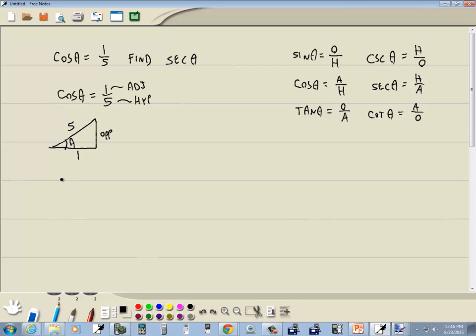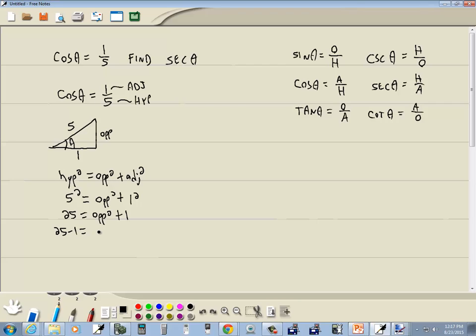So then, from our Pythagorean theorem, the hypotenuse squared is equal to opposite squared plus adjacent squared. Hypotenuse is 5, so we've got 5 squared is equal to opposite squared plus adjacent, which is 1 squared. So that gives us 25 is equal to opposite squared plus 1.